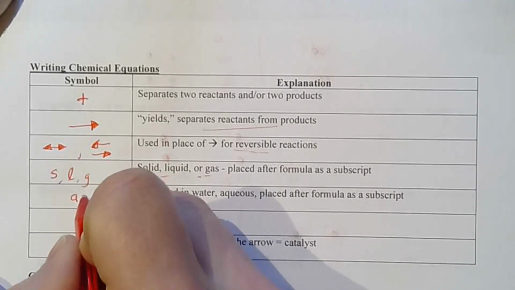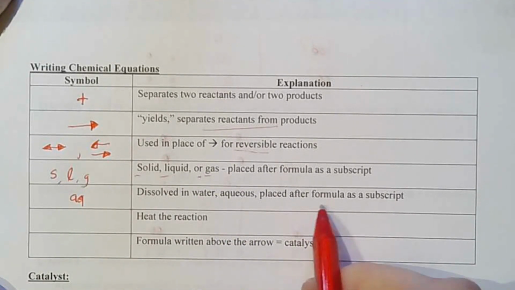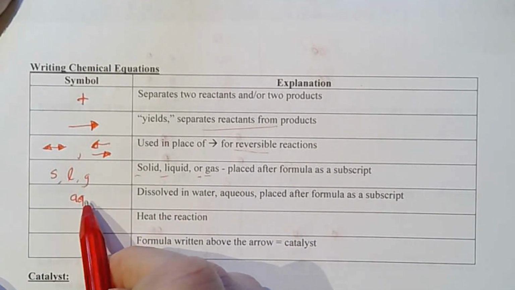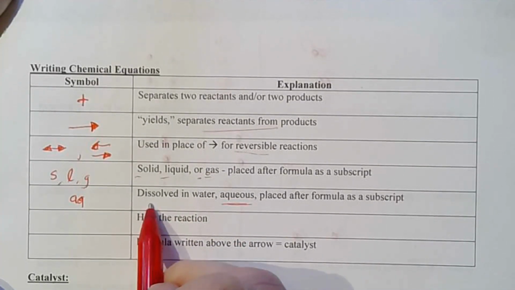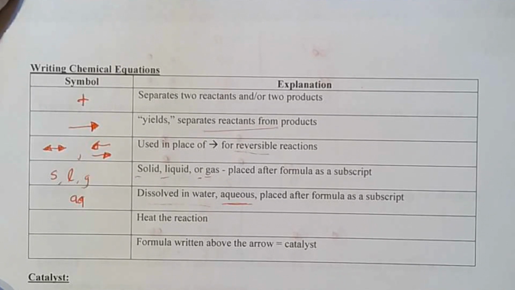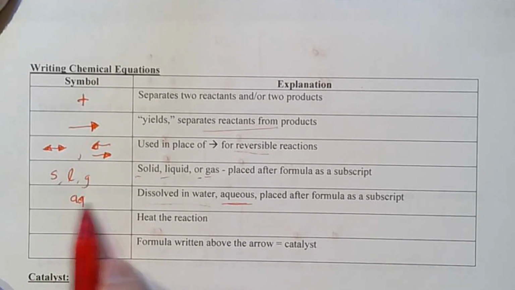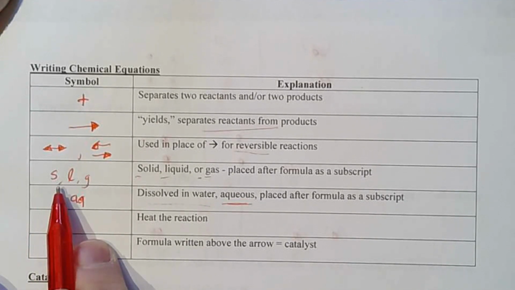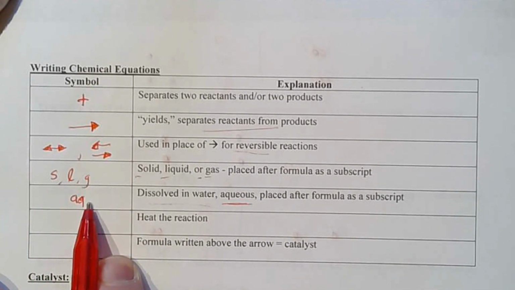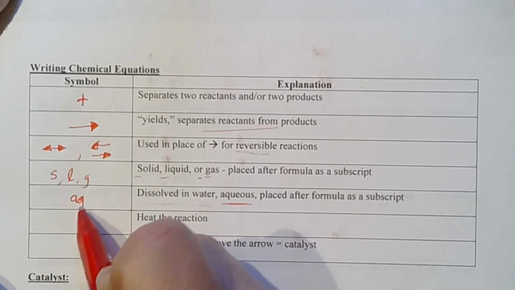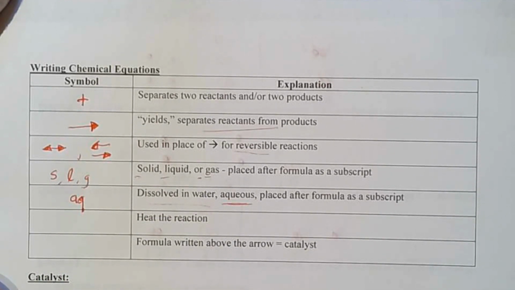And another thing you might see as a subscript after the chemical formula is AQ, and what that is telling you is that it's aqueous, which means that the material is dissolved in water. Okay, so those are the letters you may see after a chemical formula, telling you the phase, the state of matter it's present in: solid, liquid, or gas, or whether it's dissolved in water, or aqueous.